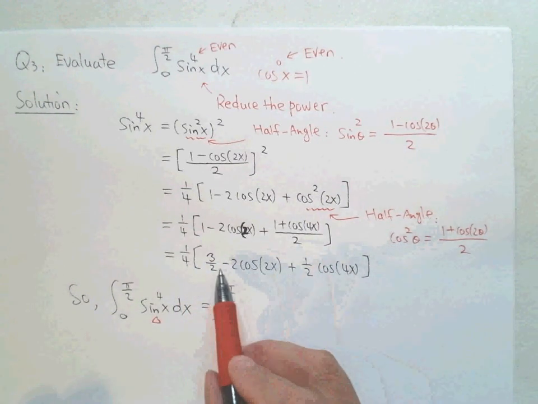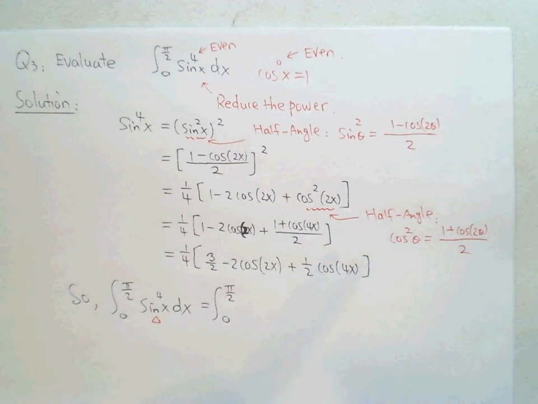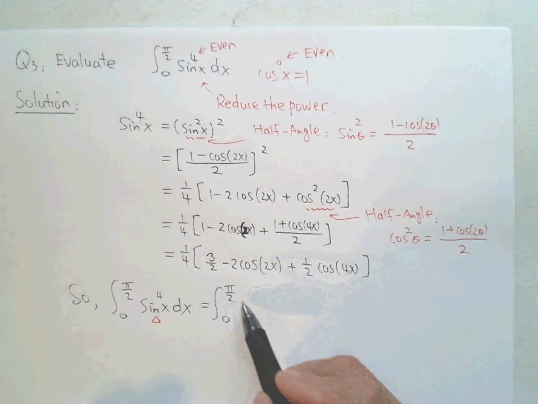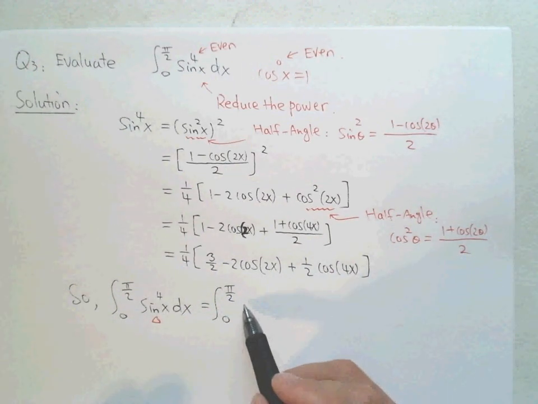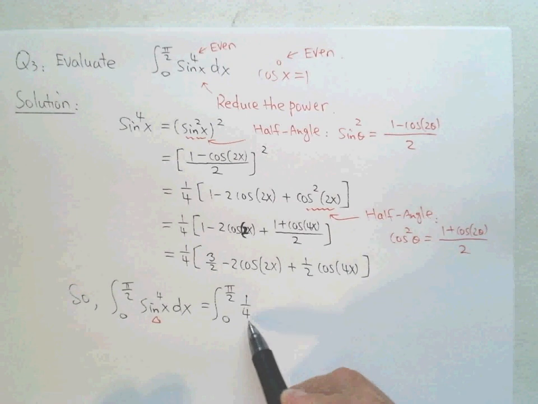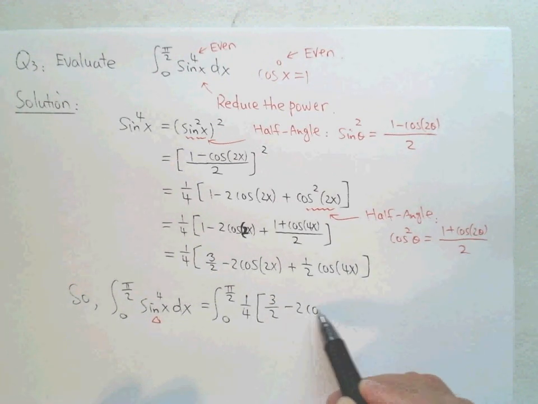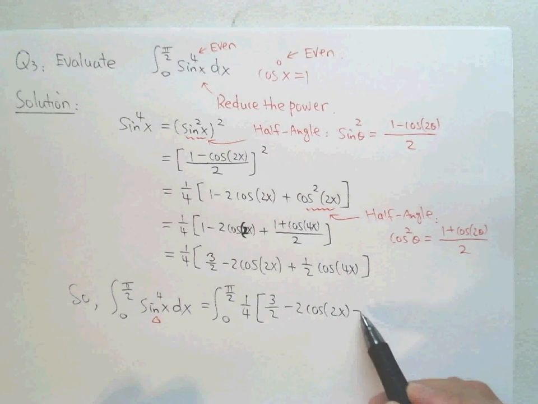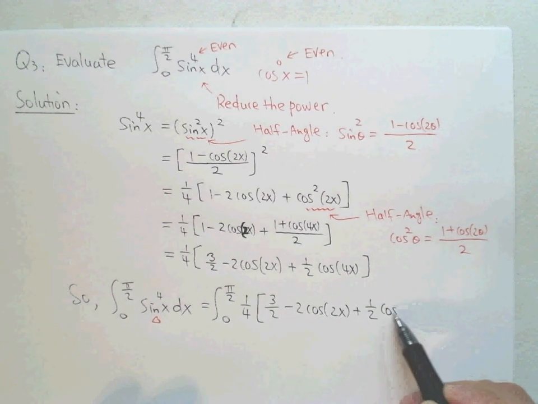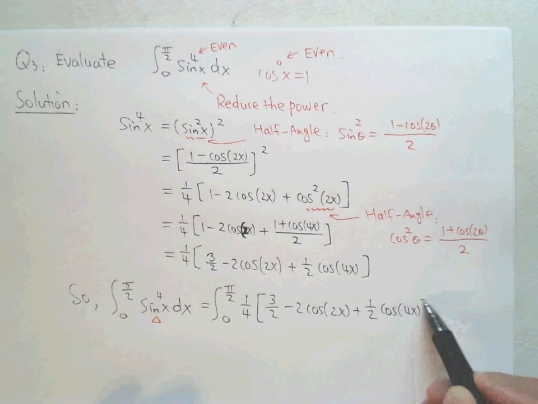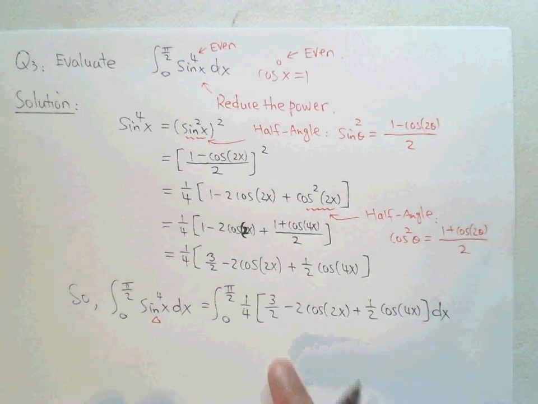Remember we dealt with this, right? We already reduced the power from 4 to 1, and this power is 0. I plug this into the integrand. So now it's 1/4 times, 3/2 minus 2 cosine 2x plus, I just copy, 1/2 cosine 4x, dx.